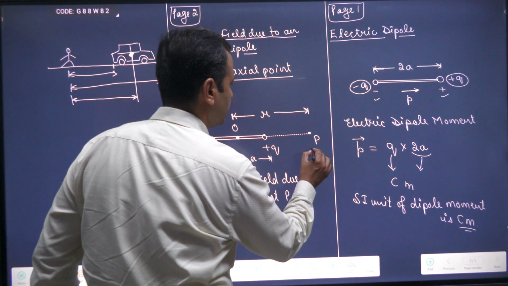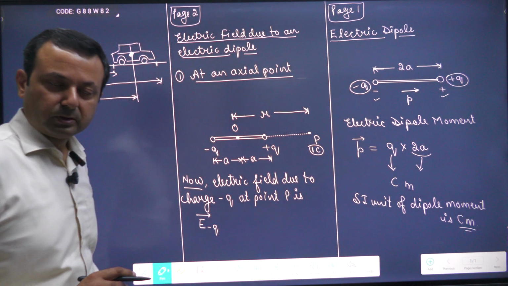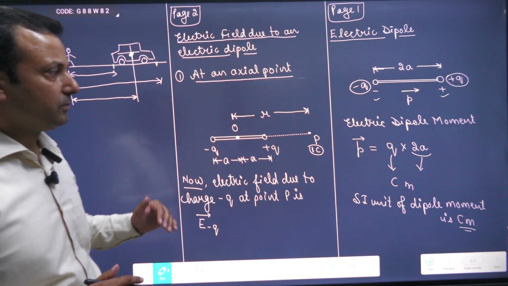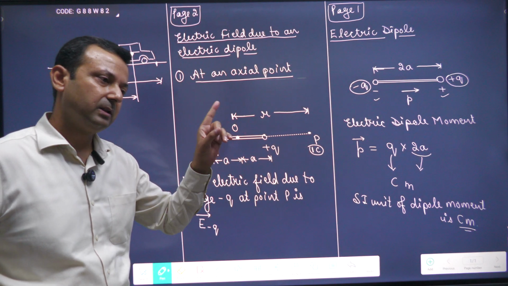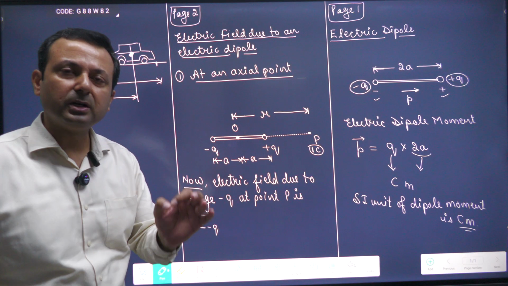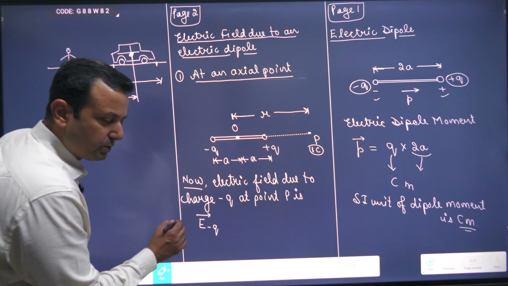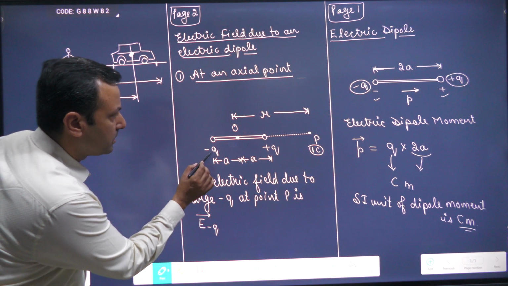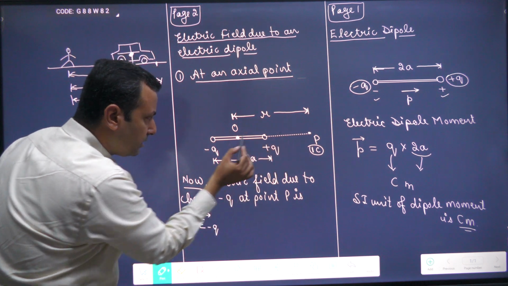This is a standard thing: whenever we want to calculate the electric field at any point, we assume a unit positive charge is kept at that point.